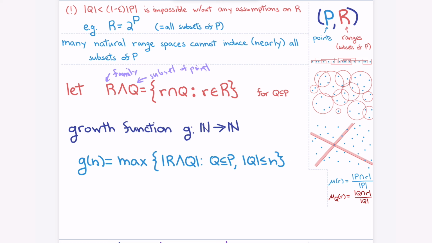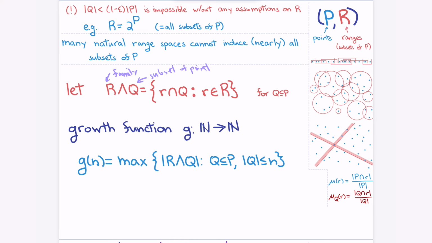What we're going to be looking at for a particular range is the growth function. Say R is your set of circles in a plane. I basically ask, how many different subsets can circles induce over a family of points? You can put the points anywhere you want, as friendly as you want, and whatever set of circles there are, it can induce some subsets, but not necessarily all subsets over that point set.